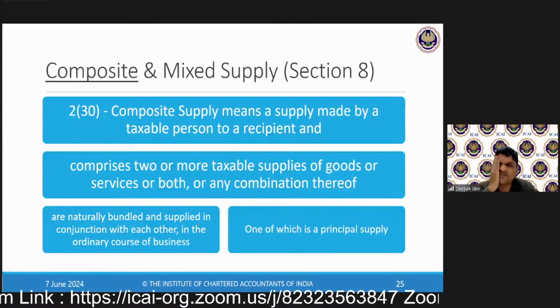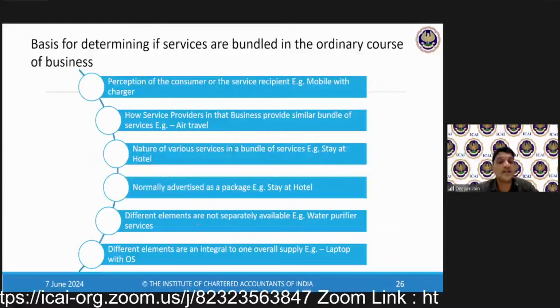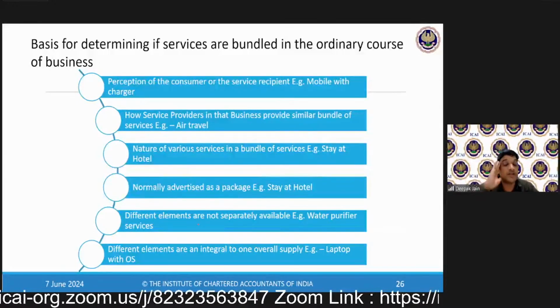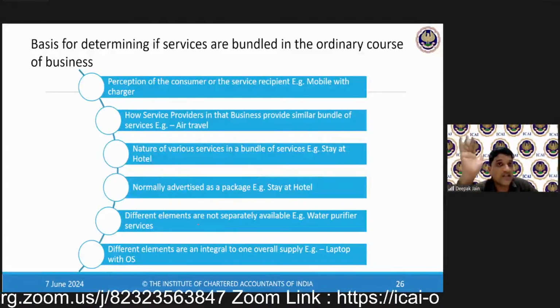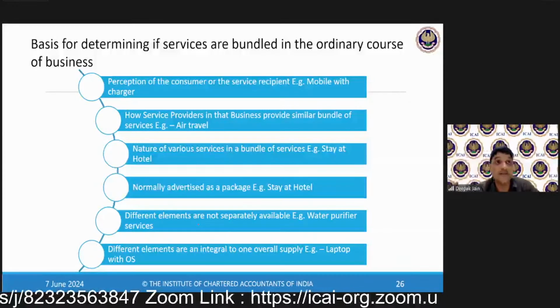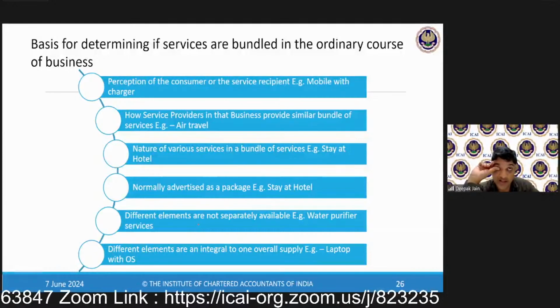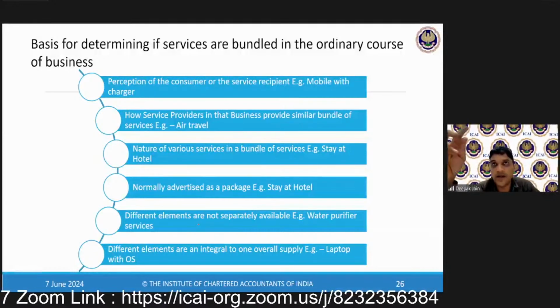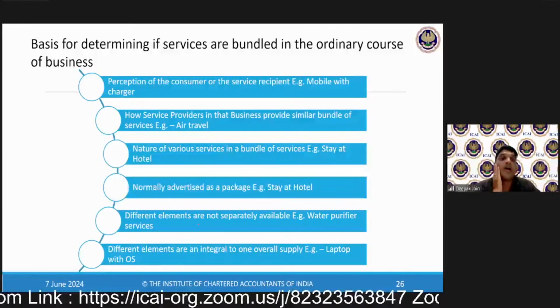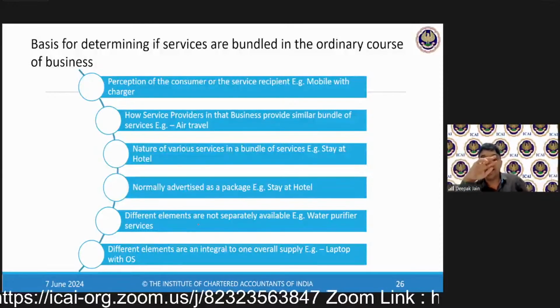Okay. Clear with this? Now, how do we determine if services are bundled in the ordinary course of business? What is the perception of the consumer? Like in this case, I had the perception that I will get the installation. Another example is when I buy a mobile, I will get the charger along with it. Correct? So it is a composite supply, mobile with charger. How do service providers in that business provide similar bundles of services?